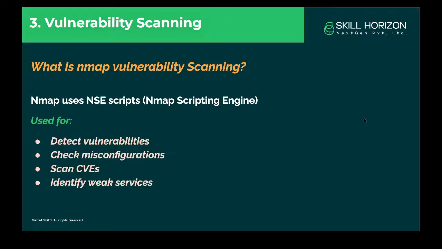But the third part of Nmap is used whenever you want Nmap to perform vulnerability analysis. For this, the NSE is used, which is the Nmap Scripting Engine. The NSE is the integrated part of Nmap that can detect vulnerabilities, check some misconfigurations, and scan some CVEs. And what is the meaning of CVE? Common Vulnerabilities and Exposures.